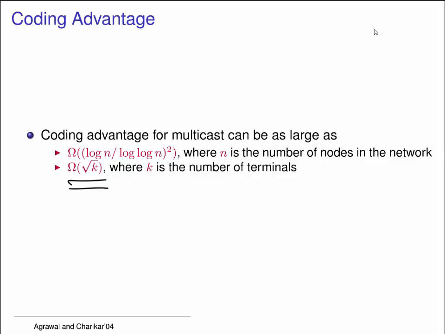There is another work in which the coding advantage is roughly square root of log n divided by log log n, slightly less than that. This advantage is in terms of the number of individual nodes in the network. However, those constructions are much more complicated and out of scope for this particular course.